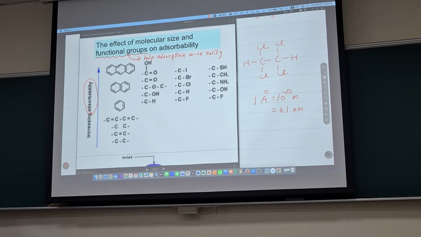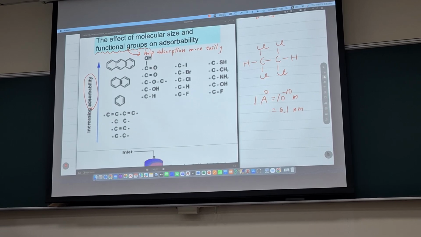This slide tells us functional groups also matter. Some functional groups can increase adsorption.